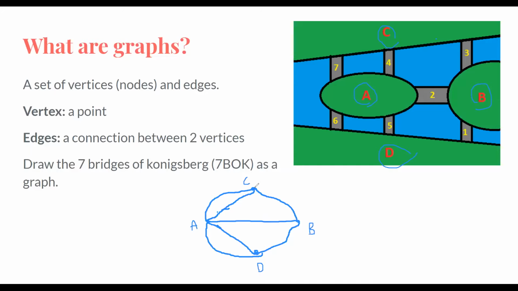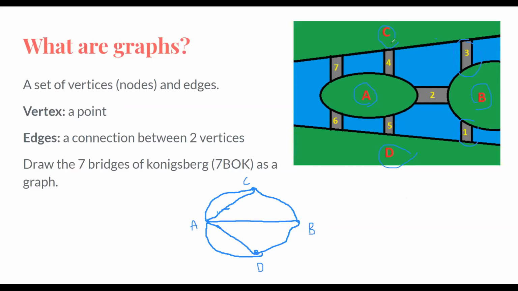And we also see there is a connection between C and B. There's an edge there, which is going to be represented by bridge 3 right over here. You can see there's a direct connection between C and B. There is also a direct connection between B and D, which is bridge 1. And there's also a connection between A and B, as well as 2 connections between A and D.